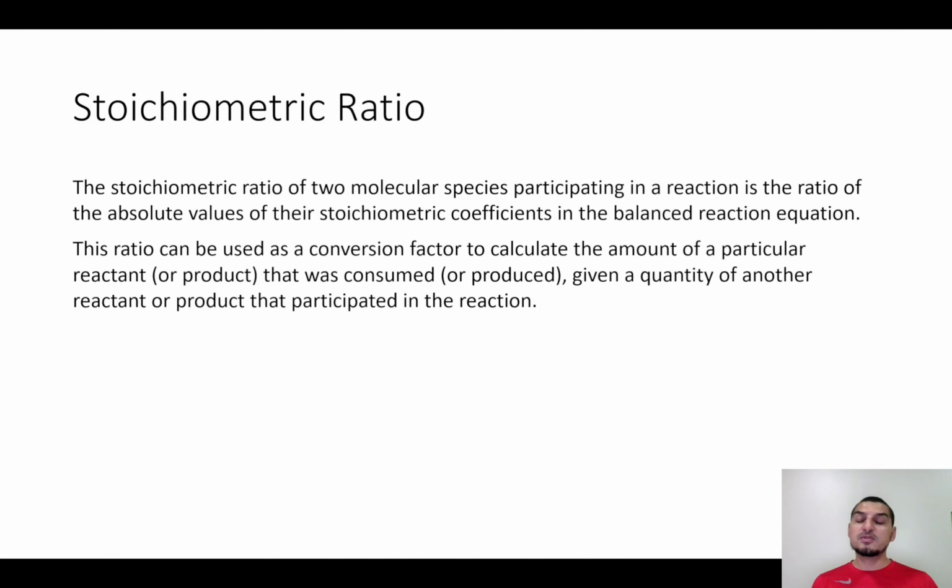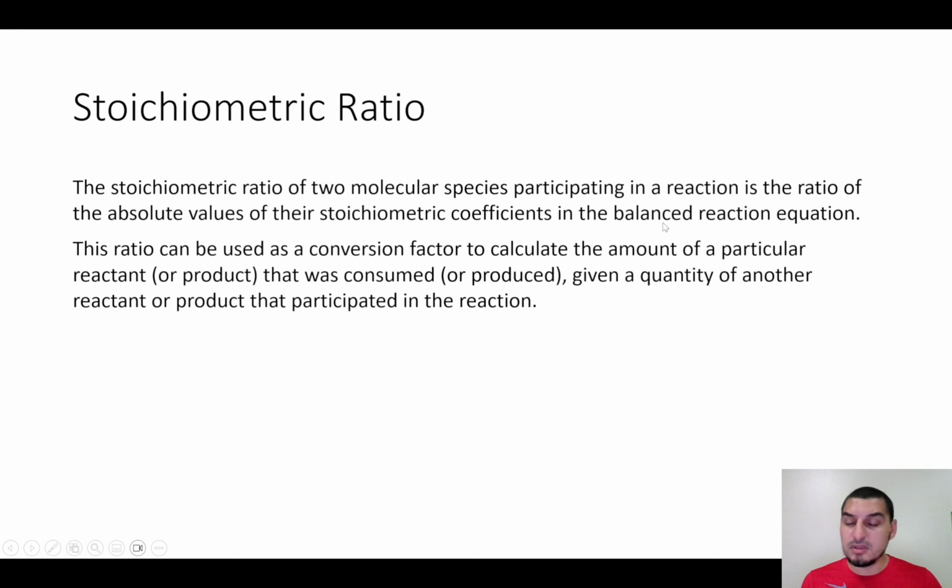There is one other thing that we know about the reaction: the stoichiometric ratios. The stoichiometric ratio of two molecular species participating in a reaction is the ratio of the absolute value, and this is important, the absolute value of their stoichiometric coefficients in the balanced equation.